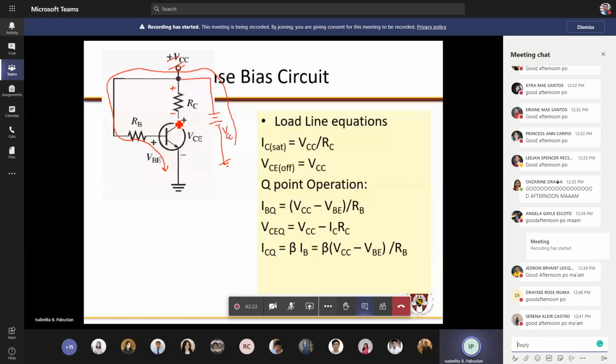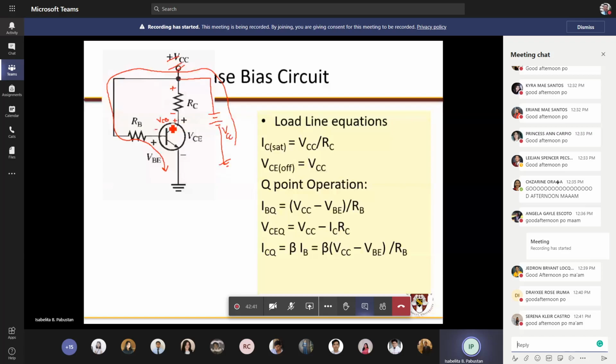So you have here plus, minus. Your VCB, pansinin niyo yung sinasabi ko. VCB, this is plus, minus, you call this VCB. Tinawag ko siyang VCB because C is positive.